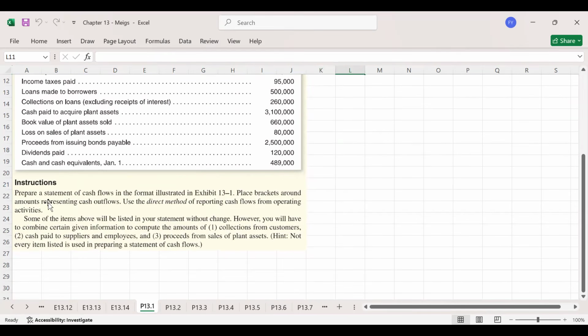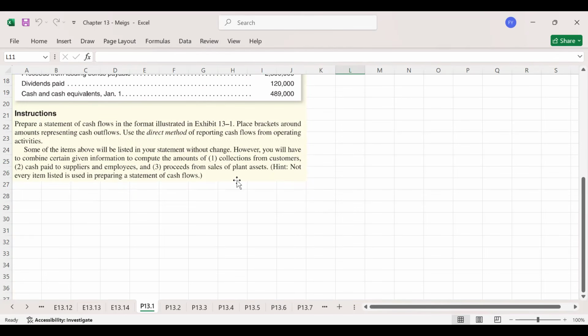Number one, a cash flow statement in proper format, and a few instructions are given, like brackets are required for cash outflows, and the direct method is required for reporting cash flow from operating activities. And here we need to calculate or show certain workings regarding collection from customers, cash paid to suppliers and employees, and proceeds from sales of plant assets.